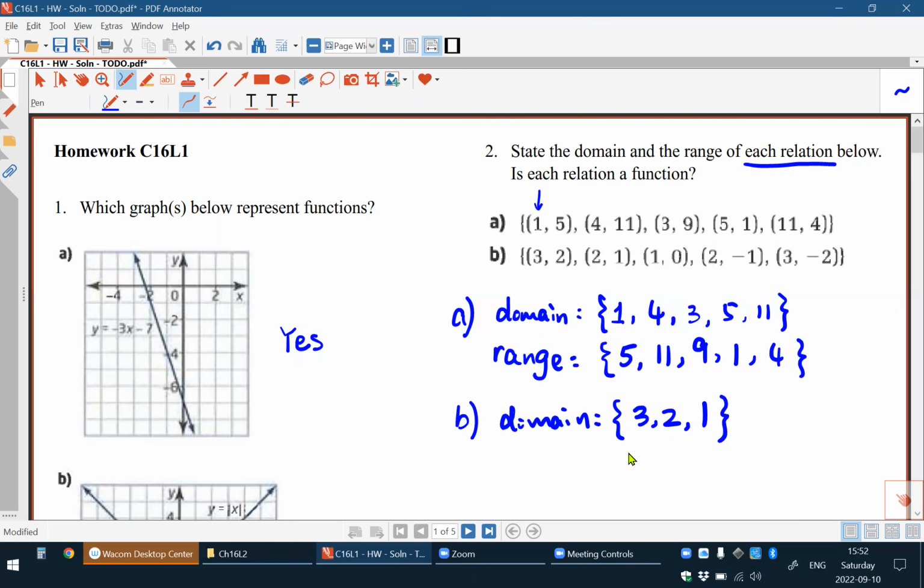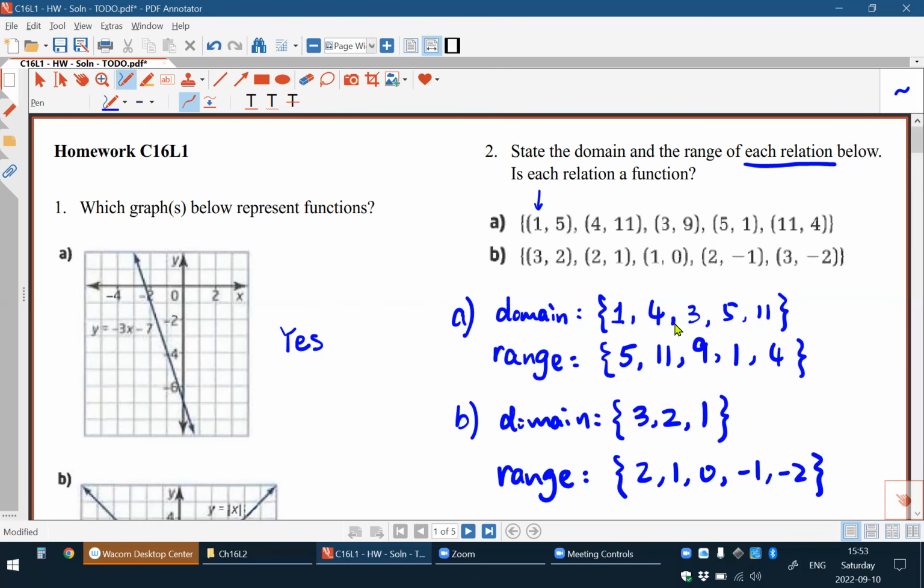When you write a set, it does not contain repeating elements. Each of the elements is different. And the range is the collection of all possible values of the image, which are 2, 1, 0, -1, -2.